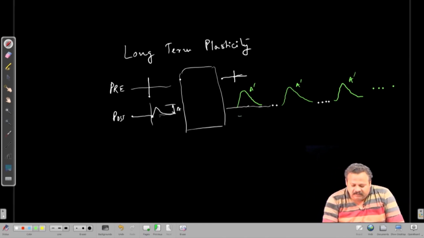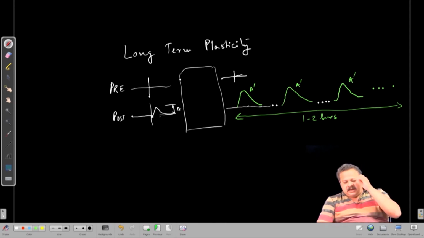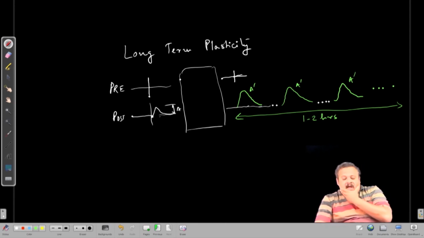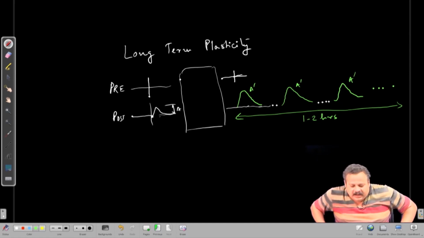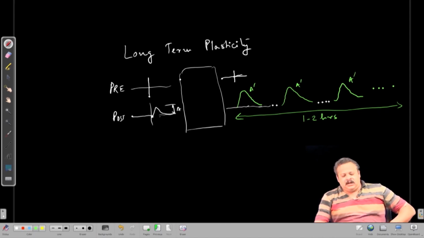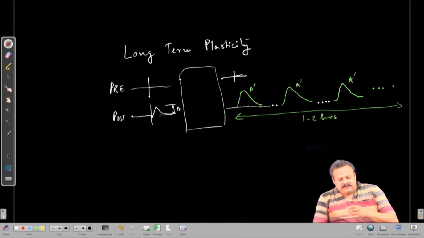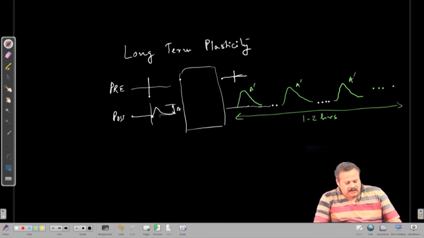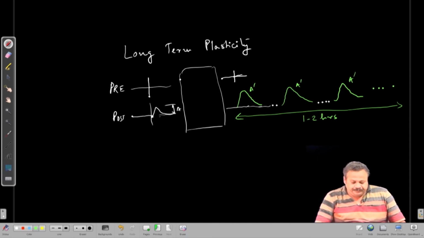So, this can be a period of hours, 1 to 2 hours, over which this kind of observation has been made, and this is what we will term long term plasticity, which has an early phase and a late phase. And we will be modeling a bit of both short term plasticity and long term plasticity, at least the kinds that are used in general in models in the literature.